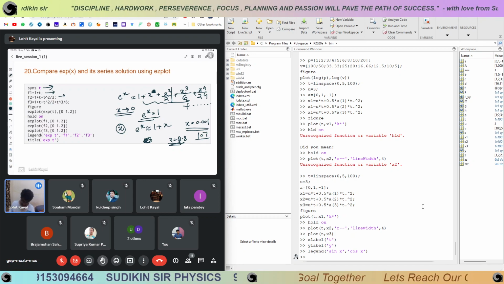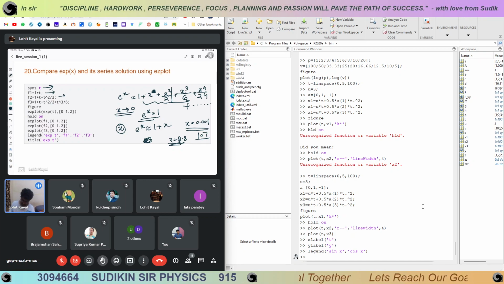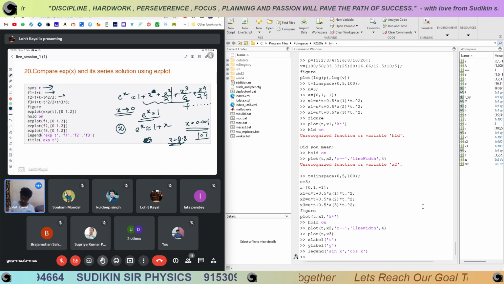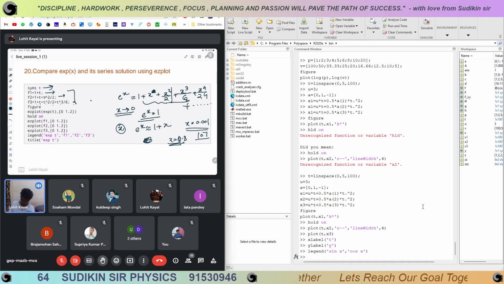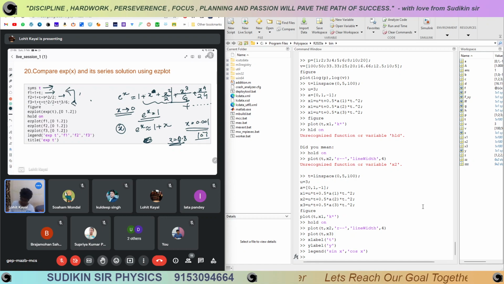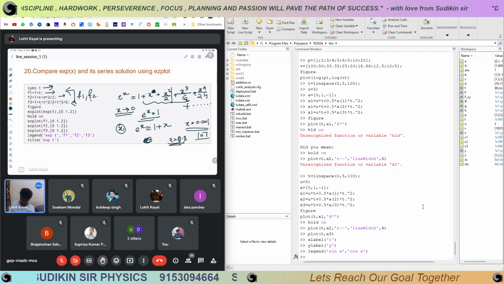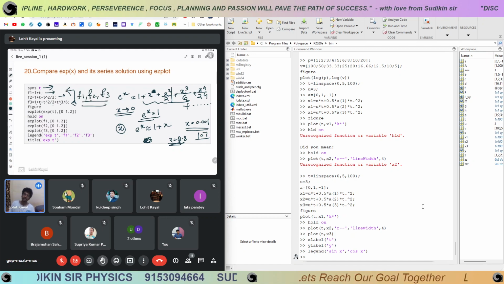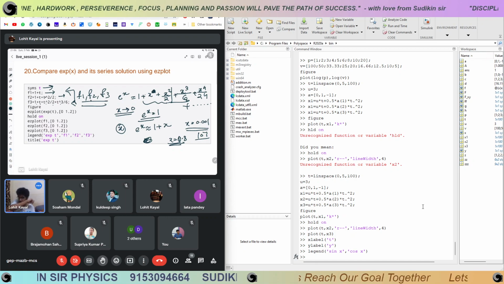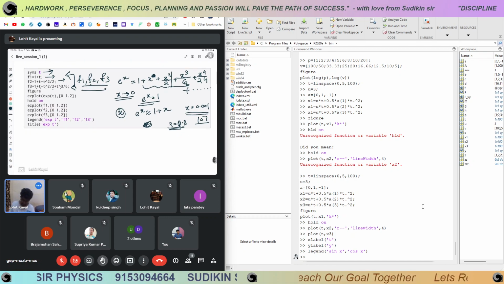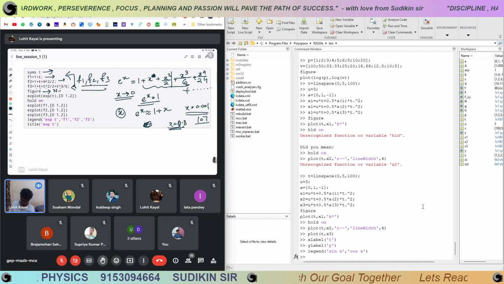Then f3 is 1 plus t square by 2 plus t cube by 6. These three are three different symbolic functions, f1, f2, and f3. Now again, figure. Figure means a new figure.